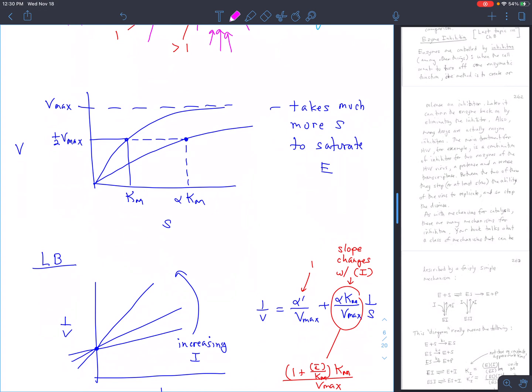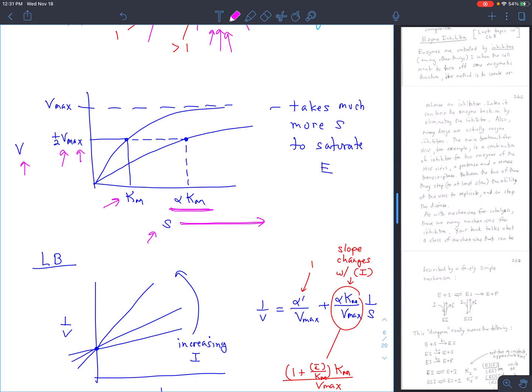And how you see that is if you plot the velocity versus the substrate concentration, then normally when the substrate concentration is equal to the true Km value, then you're at 1/2 Vmax. Now if you add some inhibitor and then keep raising the substrate concentration, you see that in order to get to 1/2 of Vmax, you have to go to a value of alpha Km, a higher Km value, or a higher substrate concentration.